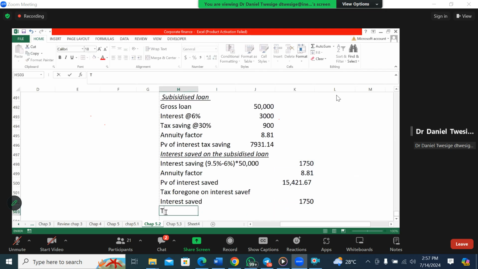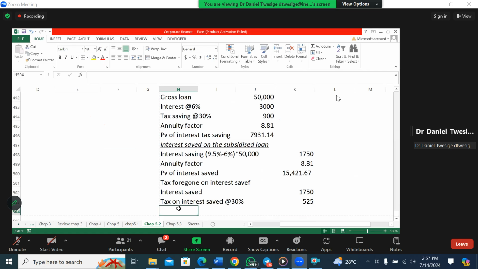Our tax on interest saved at 30% is this times 30%. Our annuity factor, we have the same.